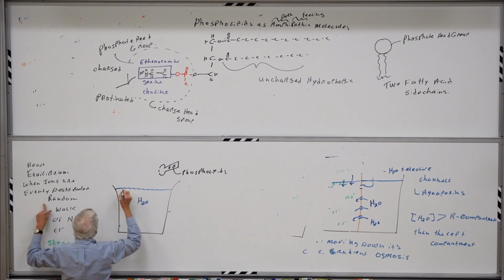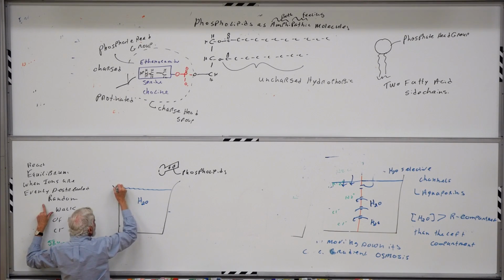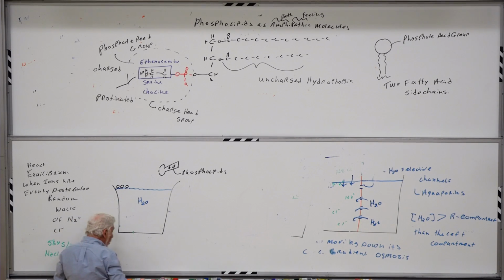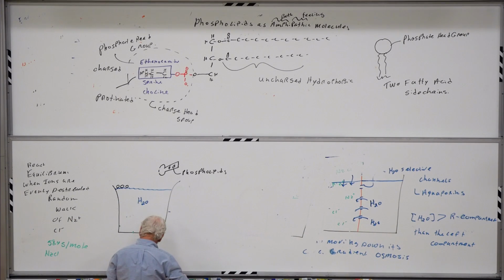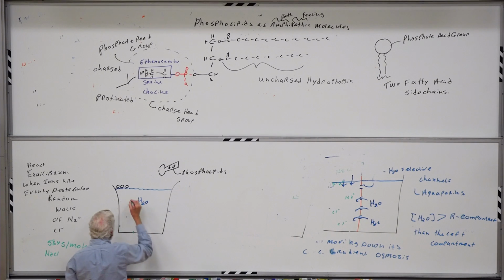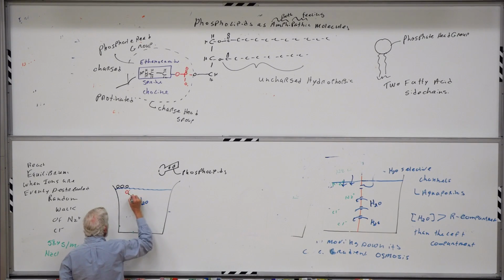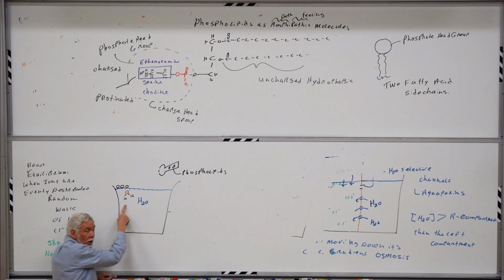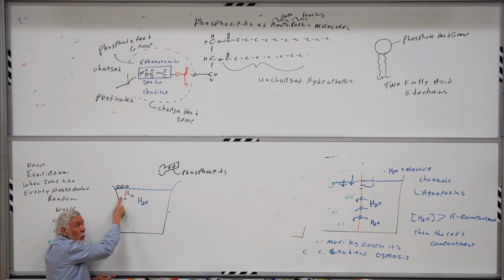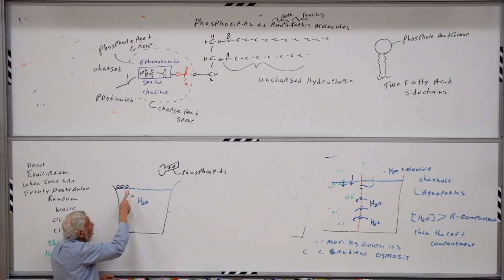Well, the phosphate head groups are going to be charged, and so they're going to interact with the dipole moments of the water. The water is charged, has a dipole moment. It's negatively charged at the oxygen end. So the positively charged phosphate head groups are going to interact with those water molecules.